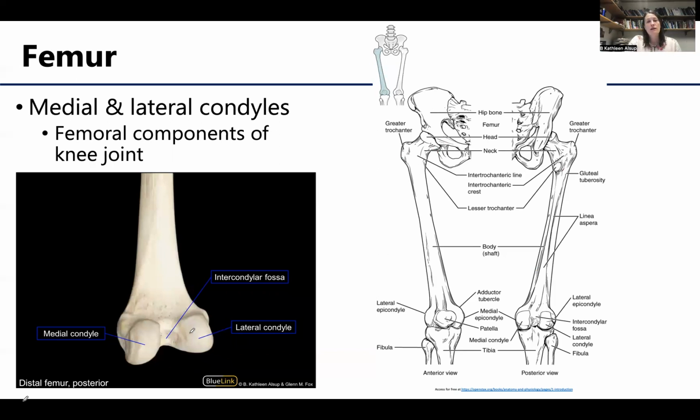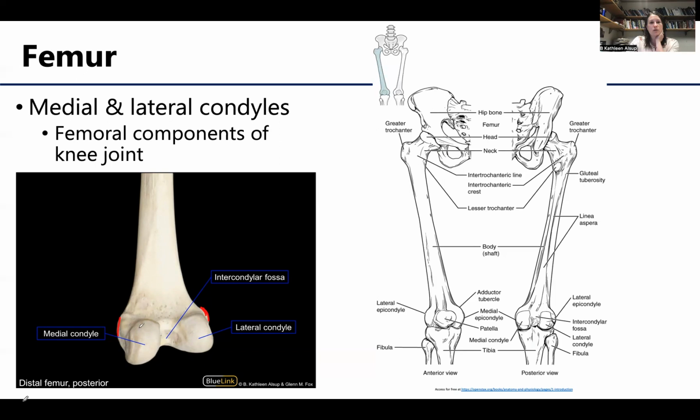As we move to the distal portion of the femur, you do have epicondyles, which you can see here. They're going to play a role in terms of ligament attachment, as well as tendon attachment, similar to what you had around the elbow joint region. But really, I'd rather you focus more on the condyles.